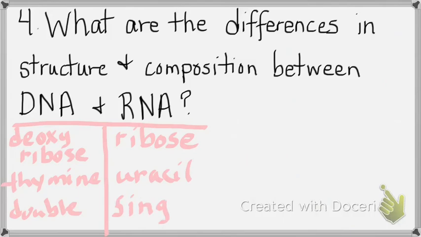And RNA is single-stranded. So we have the difference in the sugar, the difference in the base, and the difference in the overall structure. DNA double-stranded, RNA single-stranded. Everybody okay with that? Thymine. You can just put T and U.